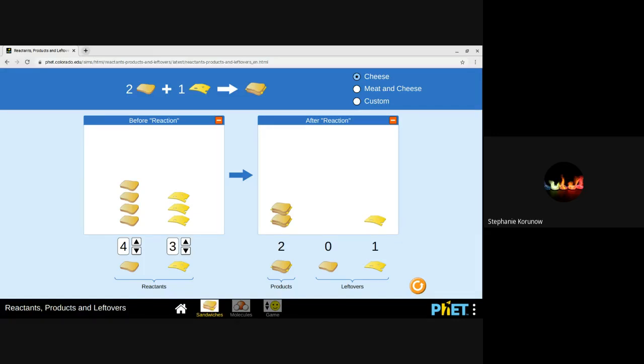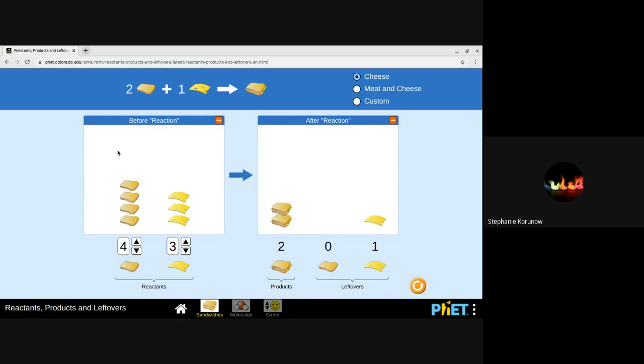So my limiting and excess reactants would be: the limiting one is the one that runs out first. So I ran out of bread before I ran out of cheese. So the bread is what limited how many sandwiches I could make. Now, my excess reactant was my cheese, because if you see at the end, I have 1 slice of cheese left over. So this one was extra, so that makes it the excess reactant.